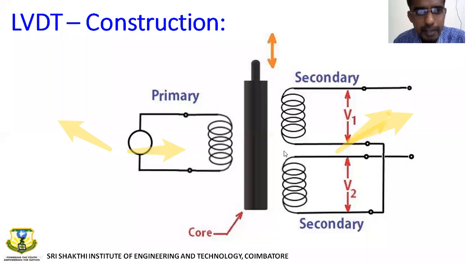So that's why we call it a linear variable differential transformer. The movement is linear, that results in a linear variation in the output, and the output is a difference between two coils' output. So that's why it is a linear variable differential transformer. I think I made it clear.